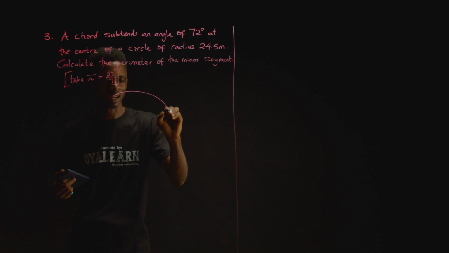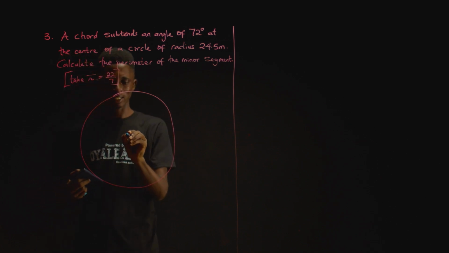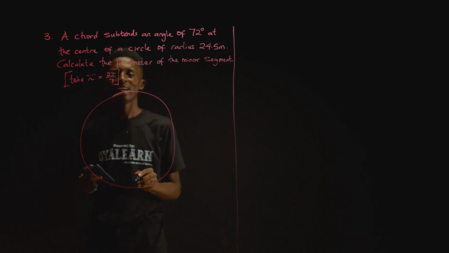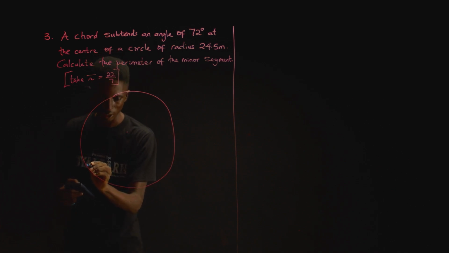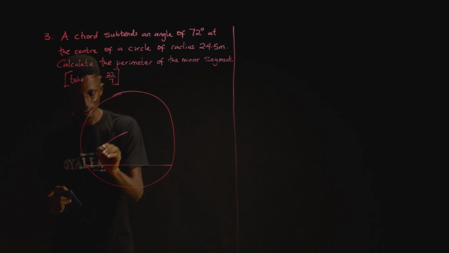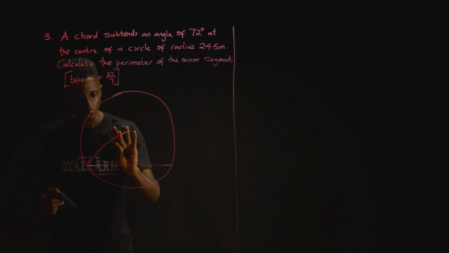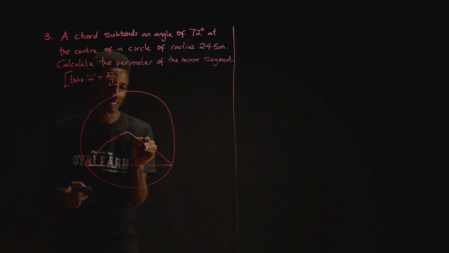So let's say this is our circle, right? And let's give this the center of the circle. Now, a chord subtends to this center. So if this is our chord, straight line here, and then we join these points like this. What we should have, if we have a straight line from here to the edge here, is the radius.